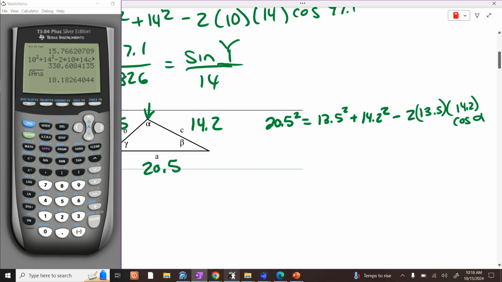And you're going, well, why did he pick out that formula? Well, if I want to find alpha, there's only one law of cosines formula that has an alpha in it. And that's the one with A squared.